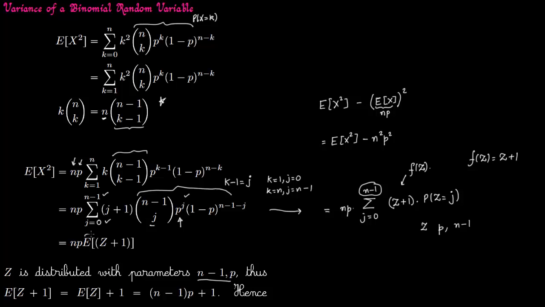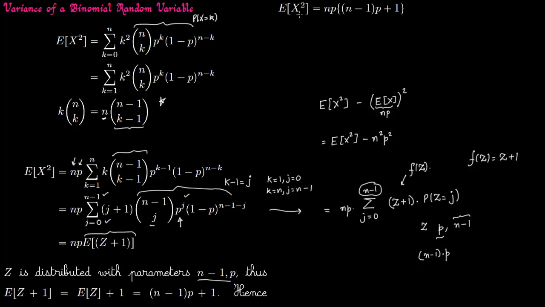Now let us compute this part. So expectation of z plus 1 is expectation of z plus 1 because 1 is a constant. Expectation of z is n minus 1 times p, because the parameters of the binomial random variable are n minus 1 and p.